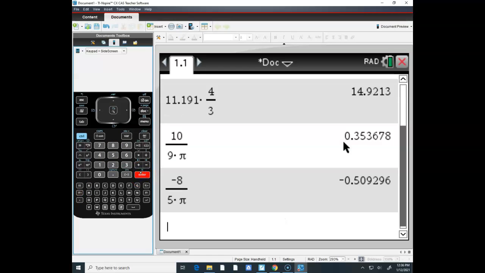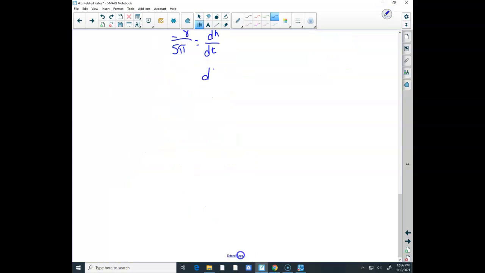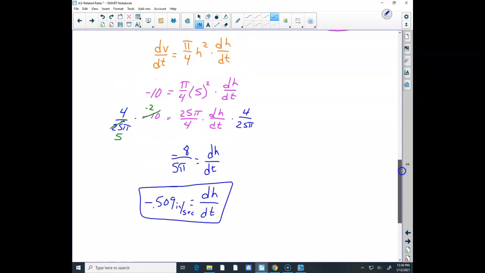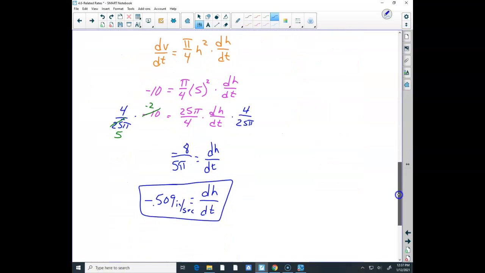And it gives negative 0.509. So dh/dt equals negative 0.509 inches per second. And that is how my height is changing at that moment in time. Right up here when the height is 5, the height is changing at a little over a half an inch per second as it's draining out.